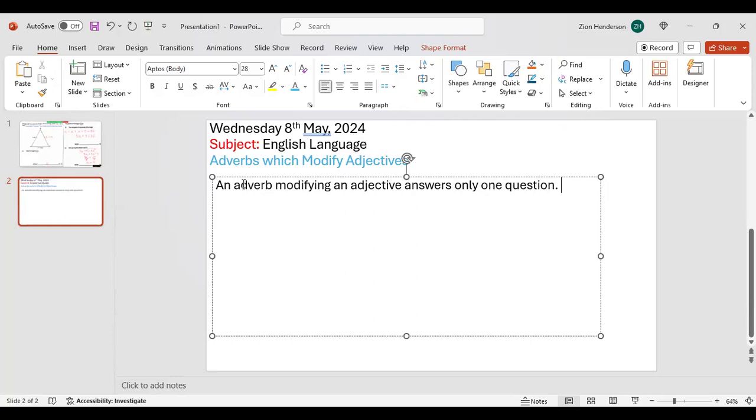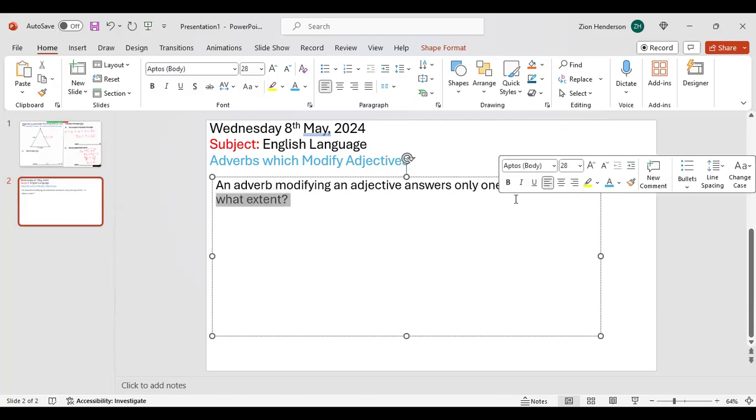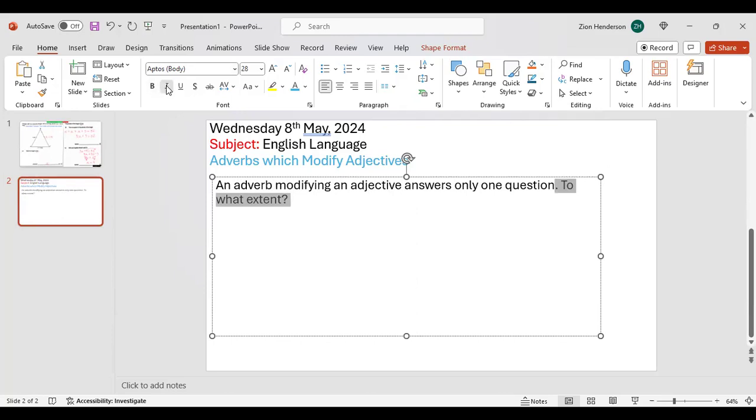And that question is, to what extent? So we know that if an adverb is modifying a verb, it's going to answer the question of where, when, in what way. But when an adverb is modifying an adjective, the only question it answers is to what extent, okay?